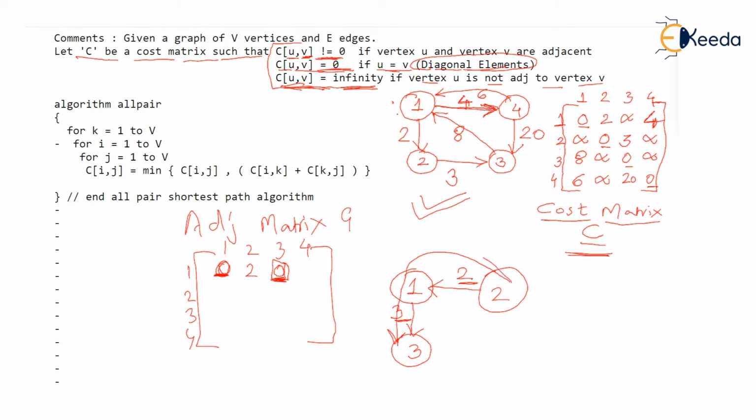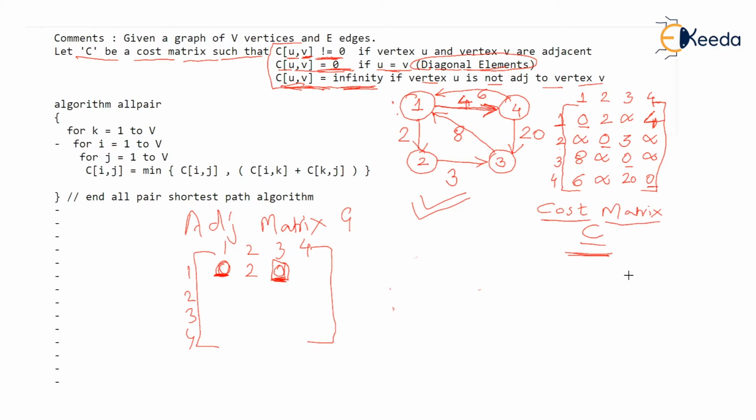You can reach from 2 to 3 via 1. But there is no direct edge at the moment. You should say at the moment that 2 and 3 are infinitely away. I hope you are understanding the notation of the cost matrix and the notation of the adjacency matrix. Adjacency matrix will define neighborhood and cost matrix will define the cost needed to reach from vertex U to vertex V.